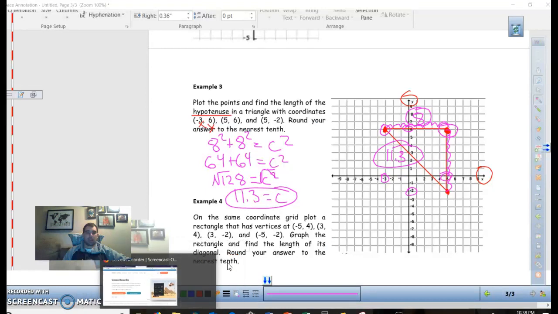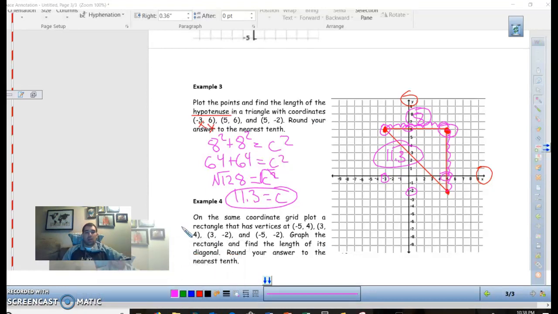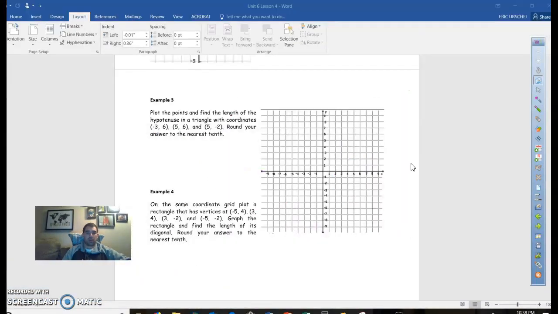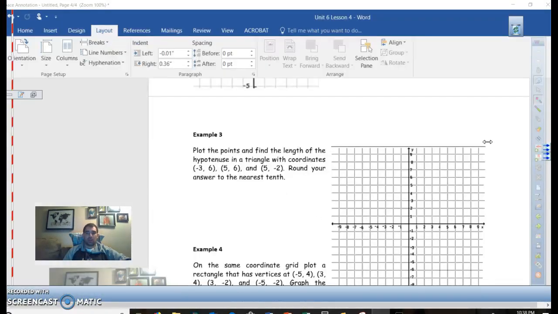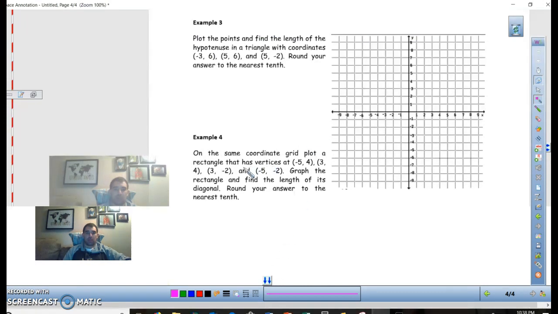Alright, so this last one, I may run out of time, guys, so you might have to finish this one on your own. So just be aware of that. You have to plot the triangle and then find the diagonal distance. Sorry, not triangle, rectangle. On the same coordinate plane, you're going to have to plot this rectangle. So -5, 4, x, y.